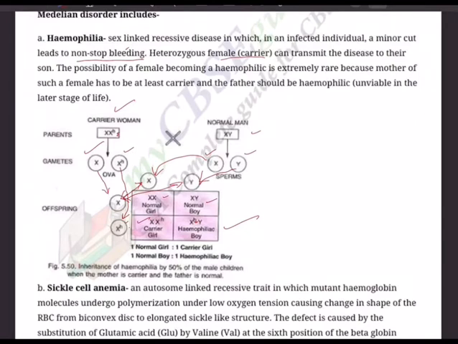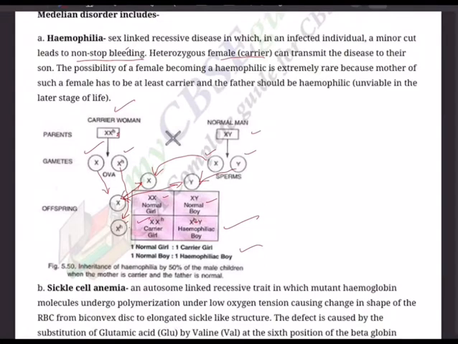So ultimately, what is the percentage? Out of the 4, one normal girl, one normal boy, one carrier girl, one hemophilic boy. So if you see the appearance physically, it is again 3:1. Three are normal, only one boy is hemophilic.